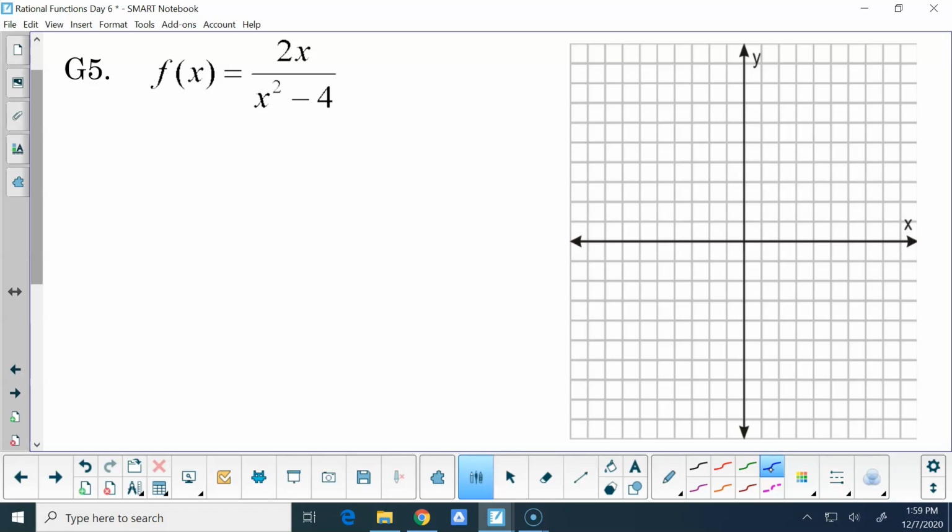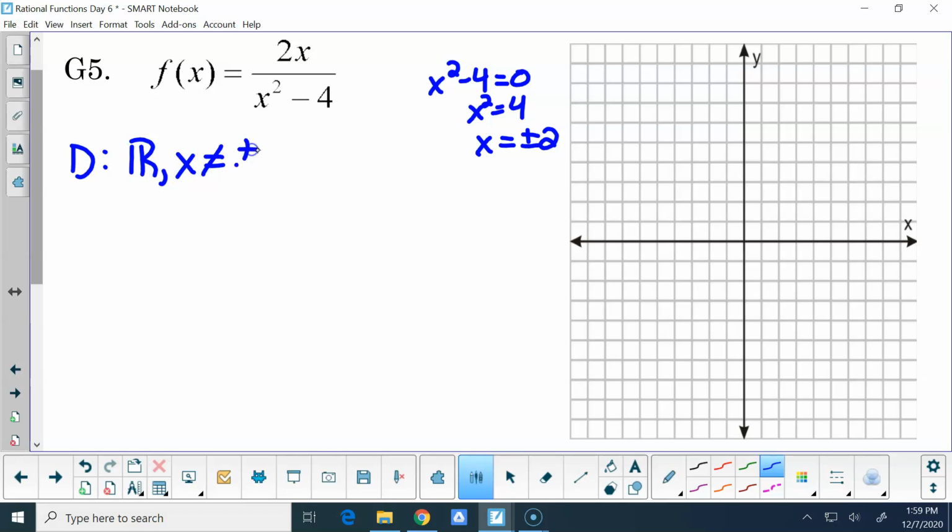First step, you've got to set the denominator equal to 0. That is going to give us the domain. The domain is all real numbers, but x cannot be plus or minus 2, which means that I have 2 vertical asymptotes.